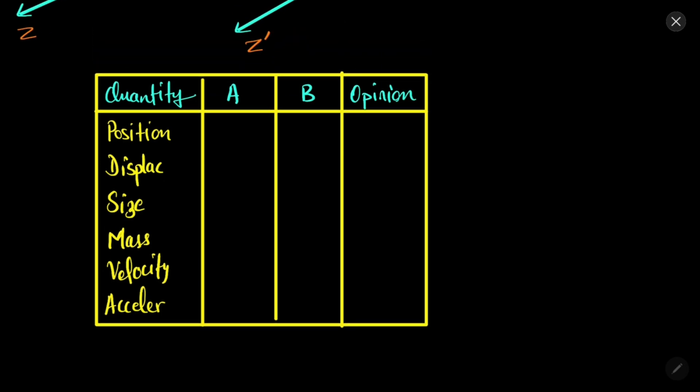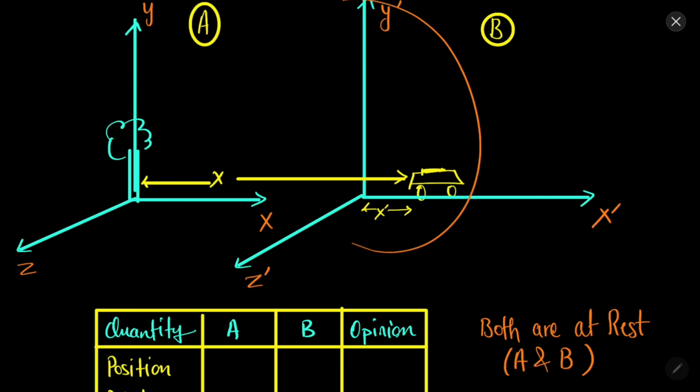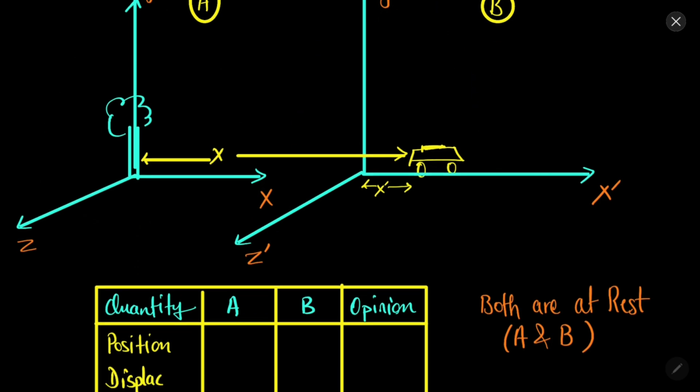In the first situation, let's say both A and B are at rest. If both the frames of reference are not moving, they are fixed at their location, and a car is moving with some constant velocity, let's say 25 meters per second.